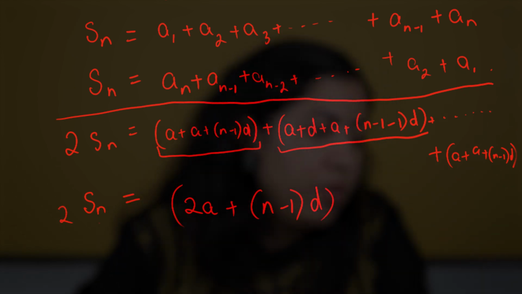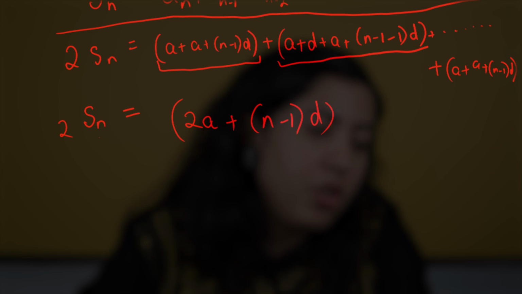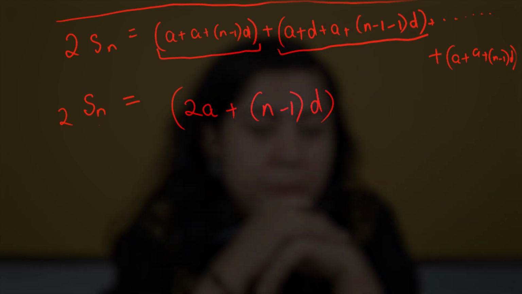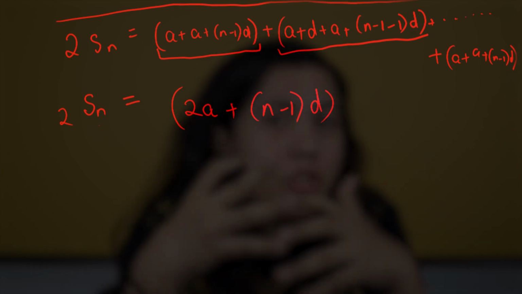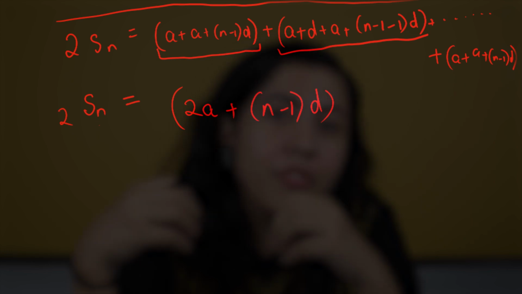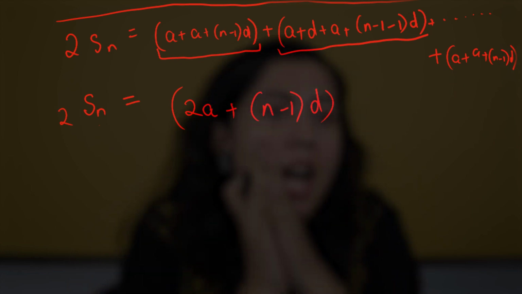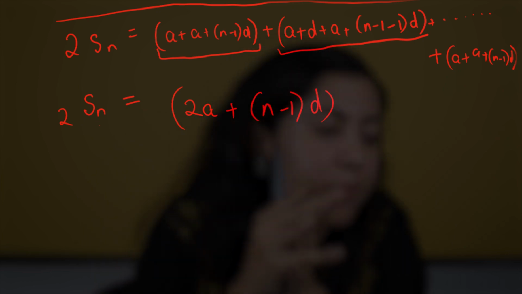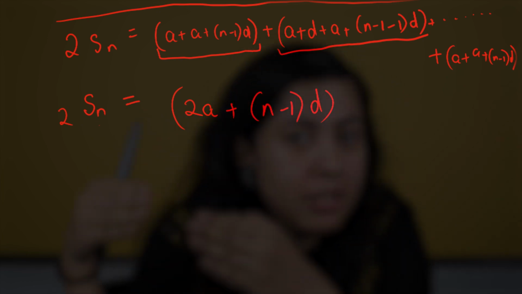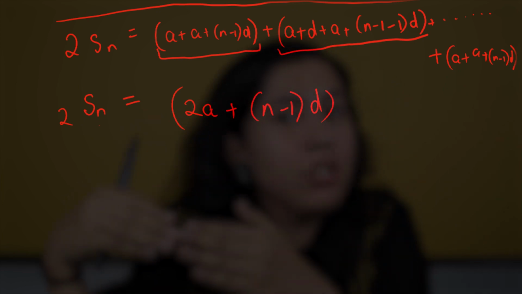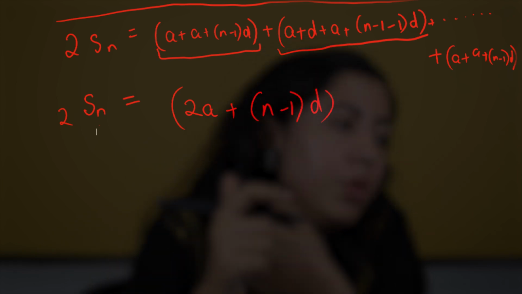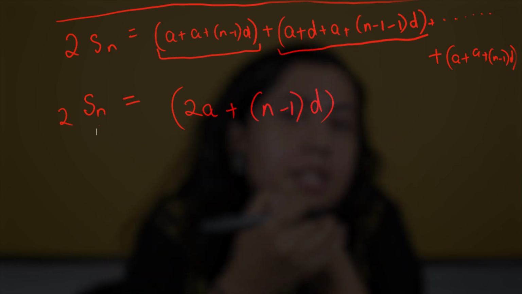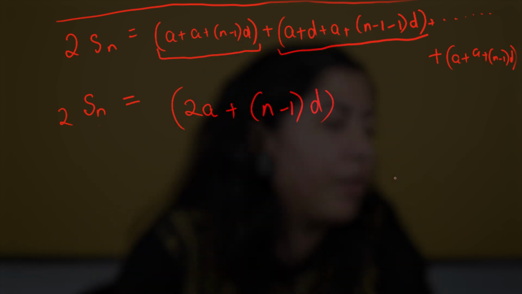It is a very beautiful relation that the sum of the first term and the last term is the same as the sum of the second term and the second last term. The sum of the third and the third last term, the sum of the fourth and the fourth last term, they all are the same and equal to 2a plus (n minus 1) into d.